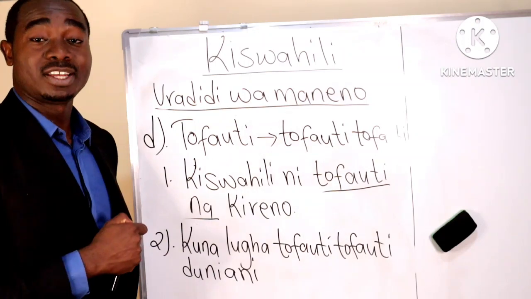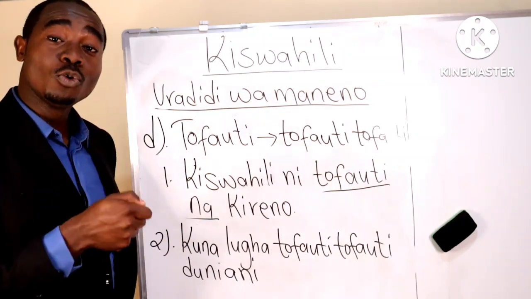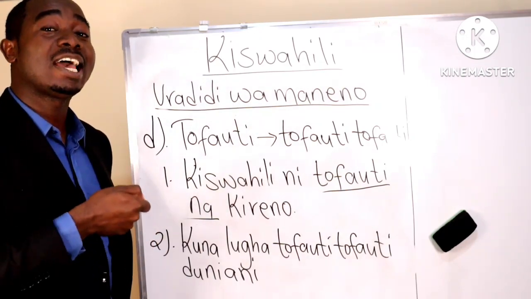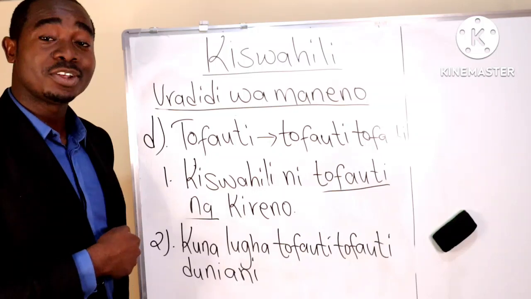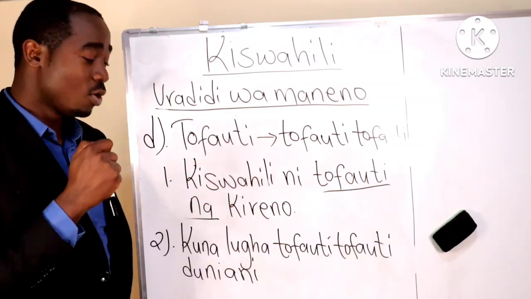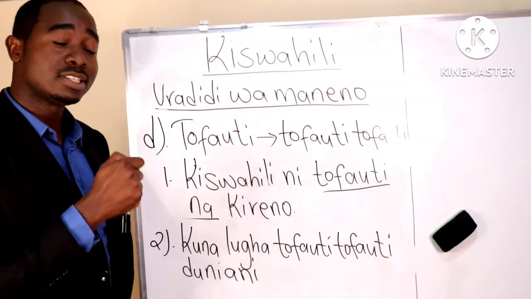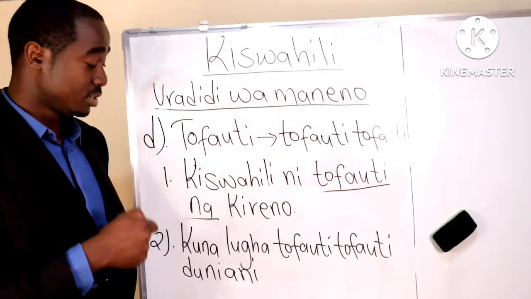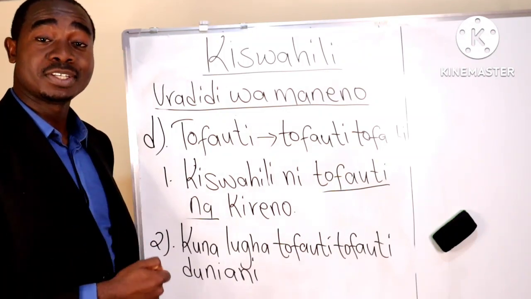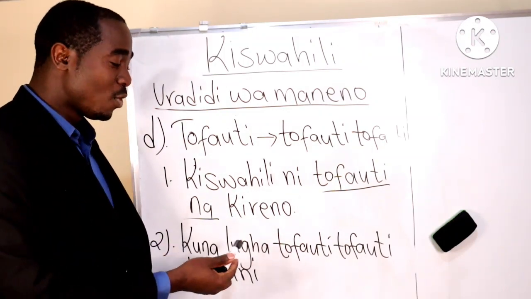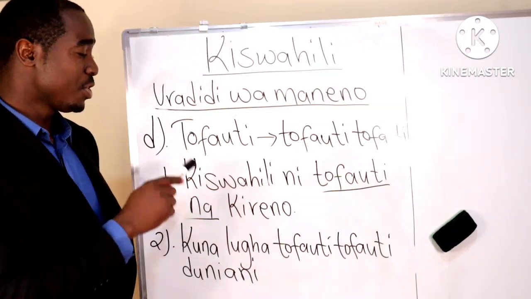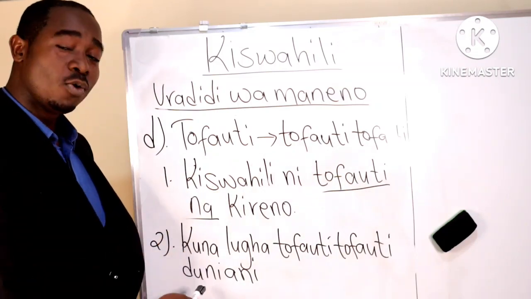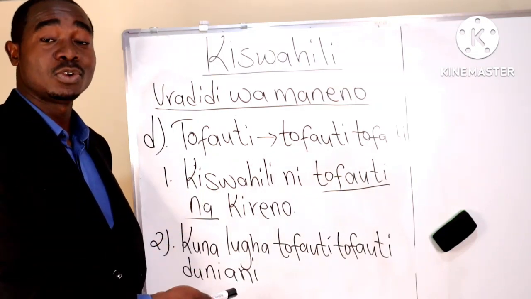Kuna lugha tofauti duniani. There are different kinds of languages in the world, or a variety of languages in the world. Moja, Kiswahili ni tofauti na Kireno. Mbili, kuna lugha tofauti duniani.